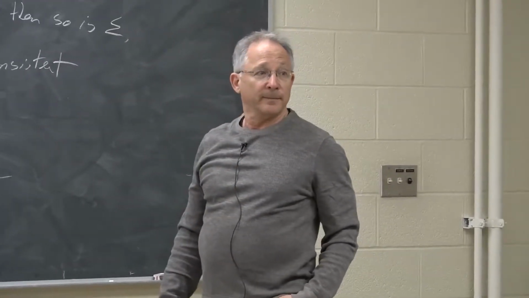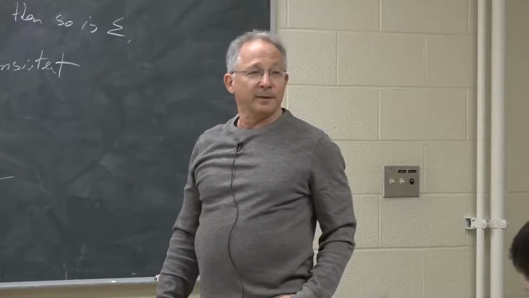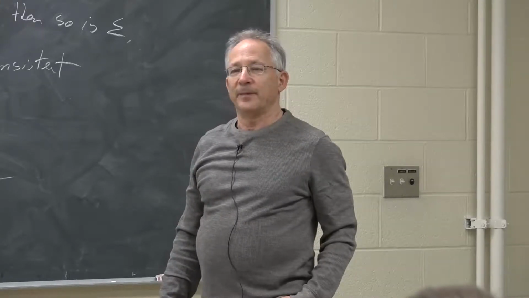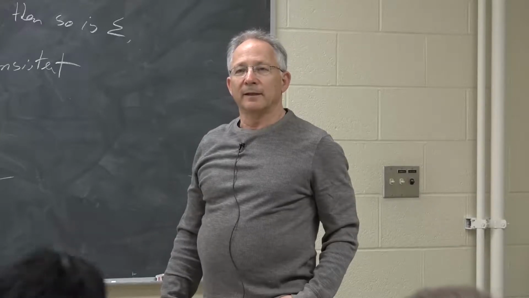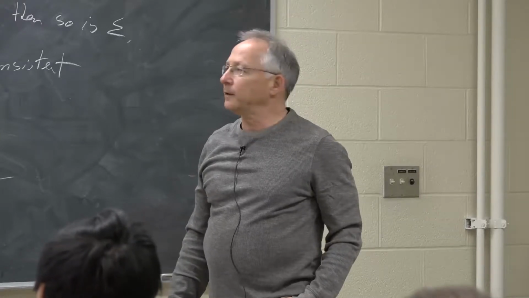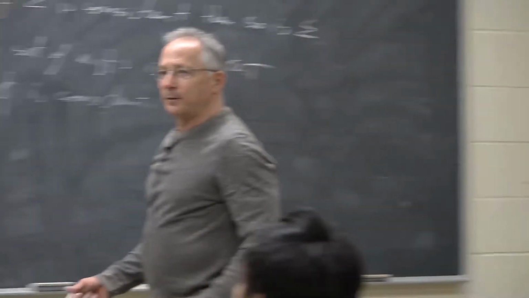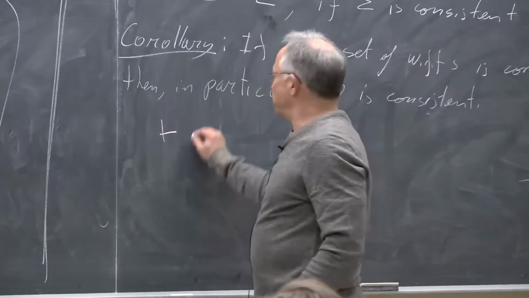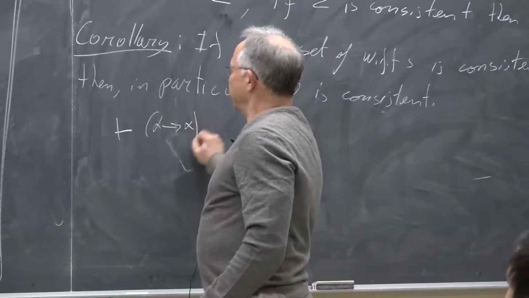But is it? Can you show me that the empty set is consistent? It doesn't imply nothing. We already saw that from the empty set, we could prove alpha arrows alpha.